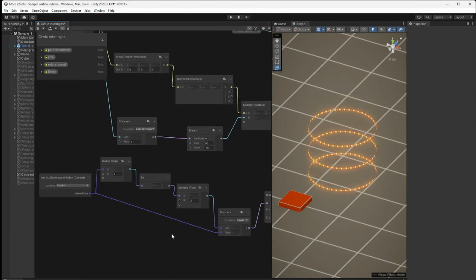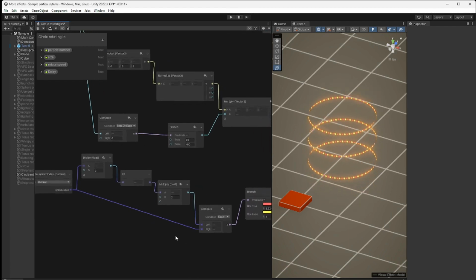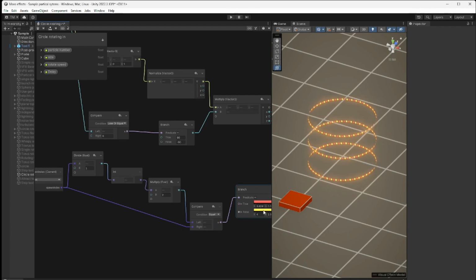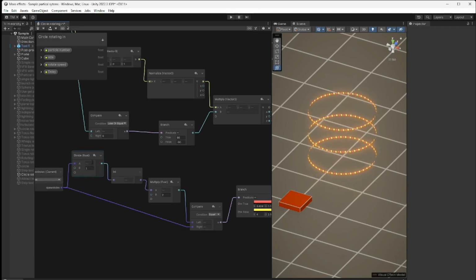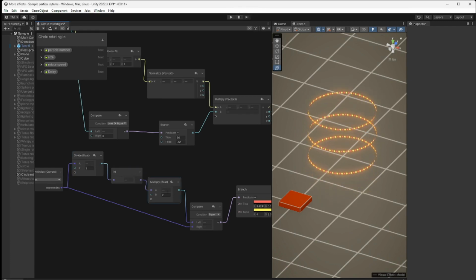So in this case, what I'm doing is I'm just doing a little bit of math to do every other color. So what this is doing is it's saying if it's even, do one color, red. If it's odd, do another color. And I take the index, I divide it by 2, I convert it to an integer, I multiply it back by 2, and I say if it's even.